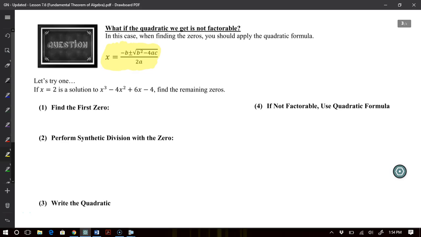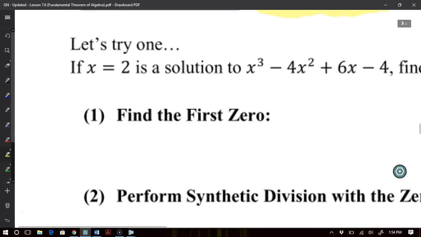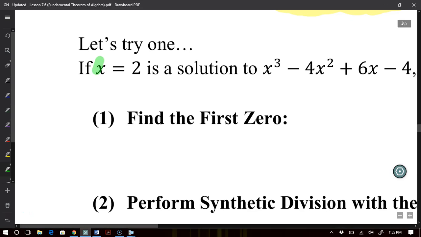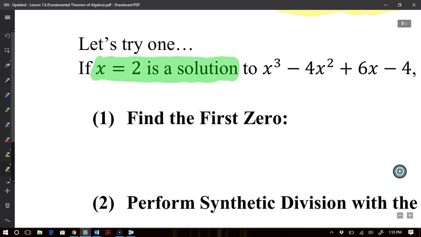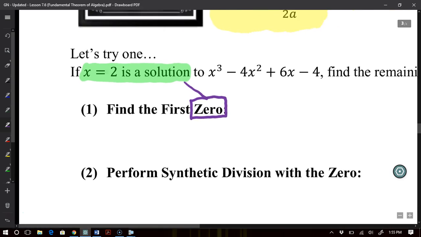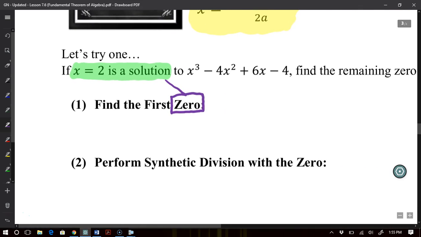But now let's look at the problem. There's something different here. In the previous problem, it said that a binomial was a factor. Now here it says x equals 2 is a solution. Another name for solution is 0. I'm giving you one of the answers.